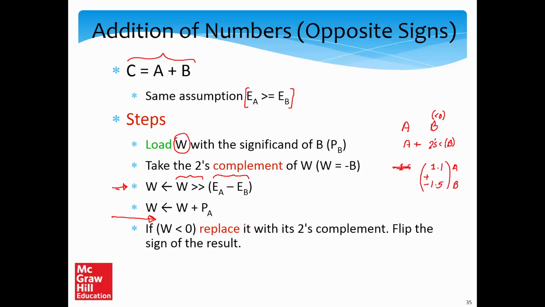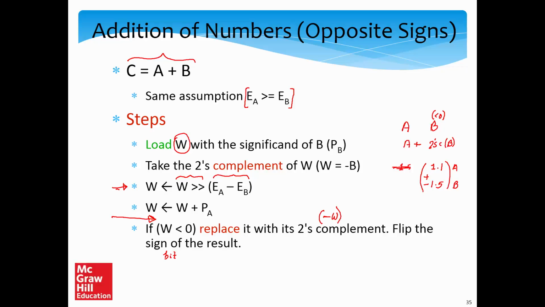We'll essentially replace W with the 2's complement of W, so basically we'll replace it with minus W, and we'll flip the sign bit of the result. Initially the sign bit will be the sign of A, but if after addition the result is negative, then we will replace W with minus W and flip the sign of the result.